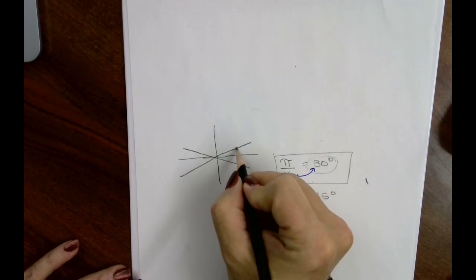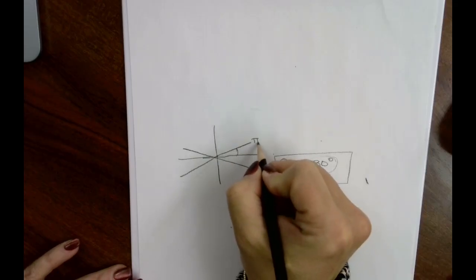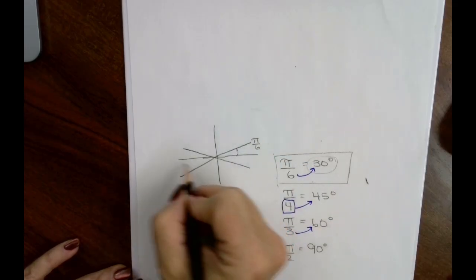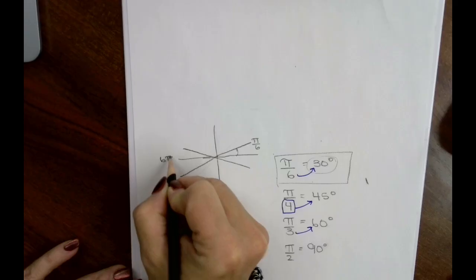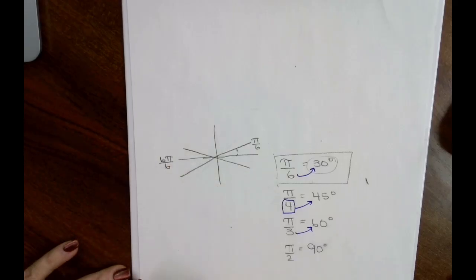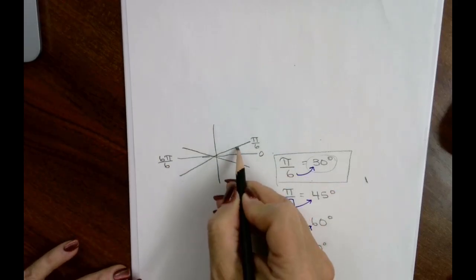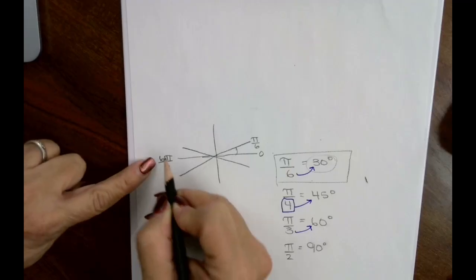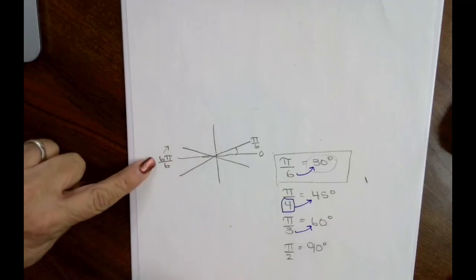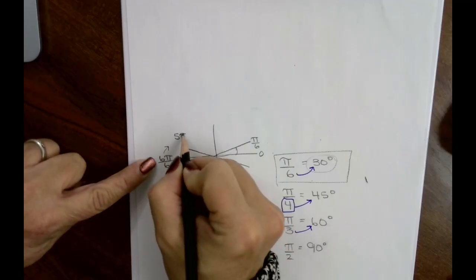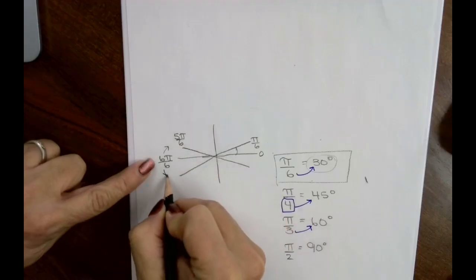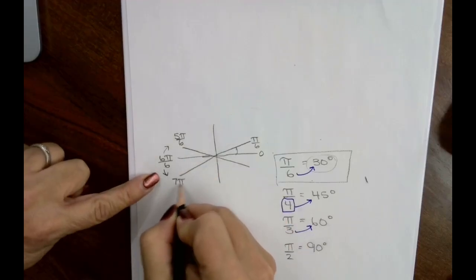So if this angle right here is pi over 6, and this angle over here is 6 pi over 6, okay, I start at 0, this is pi over 6, this is 6 pi over 6, that means it's a little bit less than a full one here, so this has to be 5 pi over 6. And it's a little bit more on this side, which is 7 pi over 6.